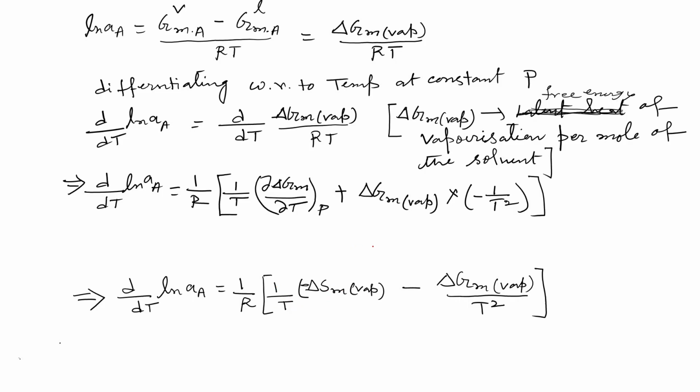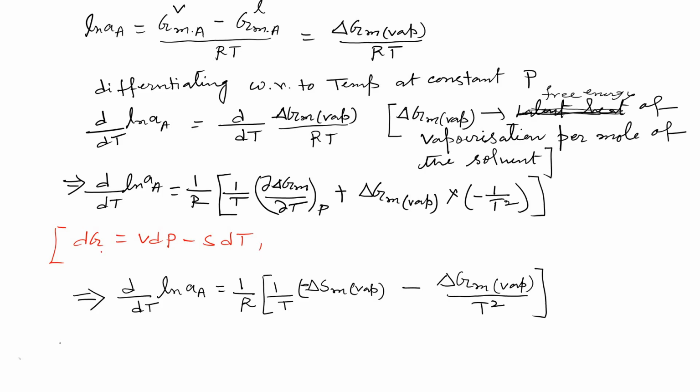Now we know that dG is equal to V dP minus S dT.